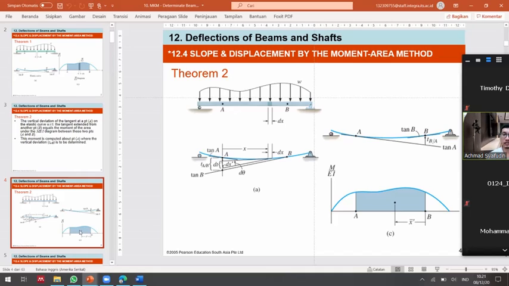So in this case, the maximum vertical deflection of point A considered from point B, or vice versa, point B considered from point A, will also be equal to the moment area below the diagram.